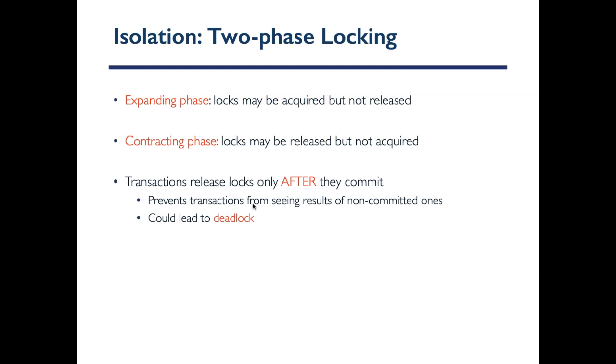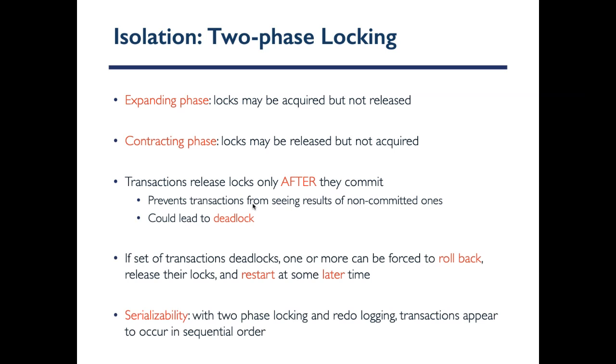If you have a deadlock, it means that your transactions cannot commit. So anytime until your commit, you can roll back easily. And the good thing is, given two-phase locking and redo logging, you can implement transactions and get the ACID properties, again, with the C part of it being the job of the programmer to make the transactions consistent.